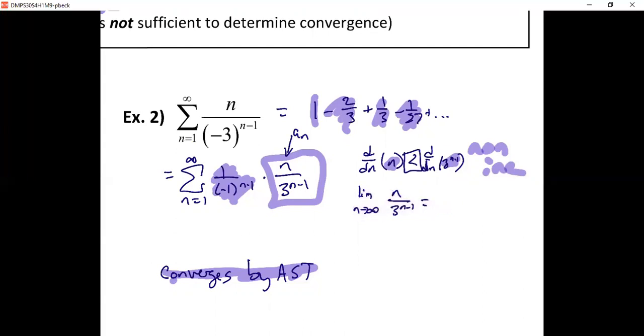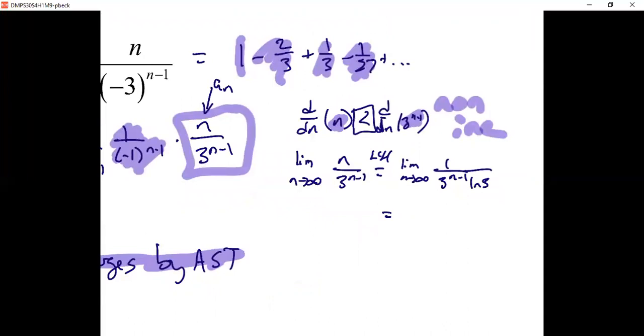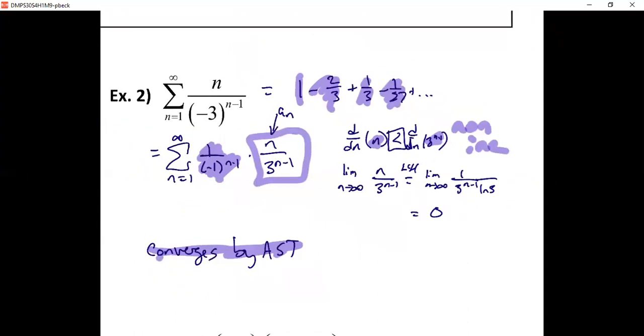This is a perfect opportunity to use L'Hopital's rule. By L'Hopital's rule, this will be the limit as n approaches infinity of 1/3 to the n minus 1 natural log of 3. So some good derivative practice for us. But now that limit is going to be 1/infinity, which is 0. So since the limit is 0 and it's non-increasing, it converges by the alternating series test.